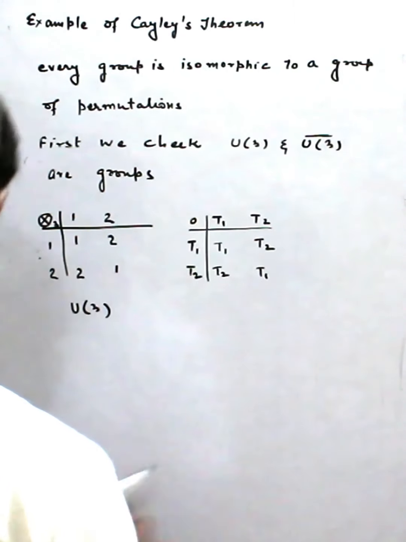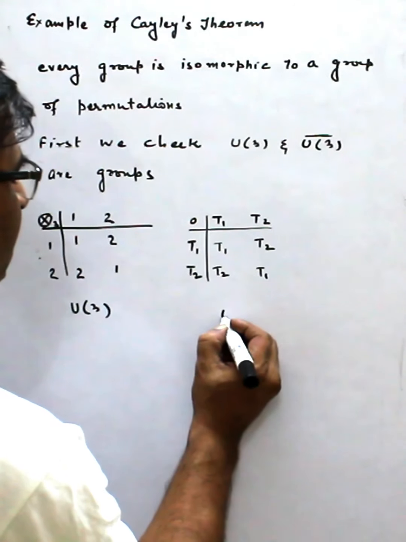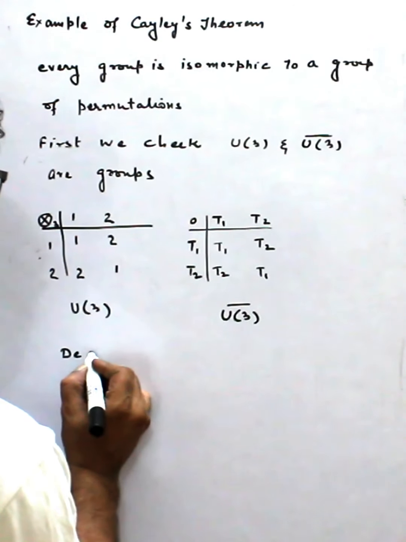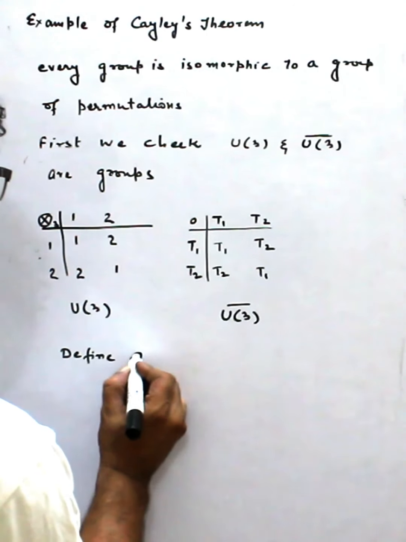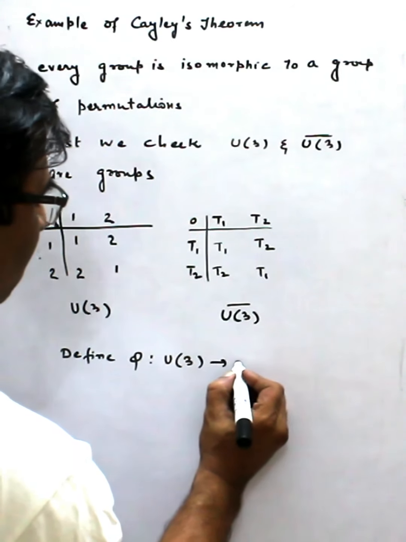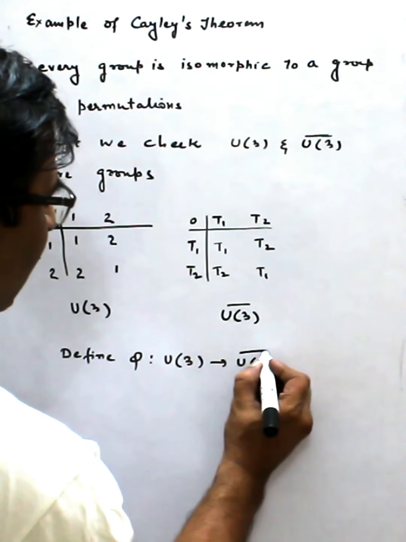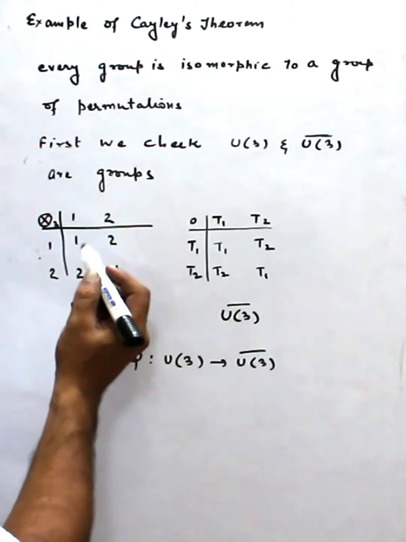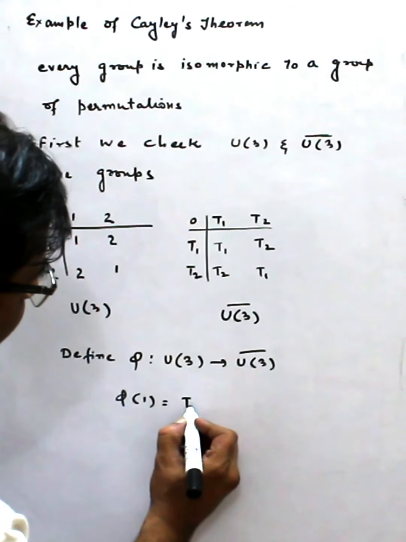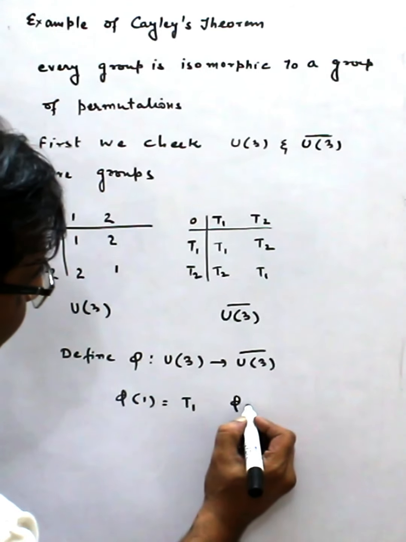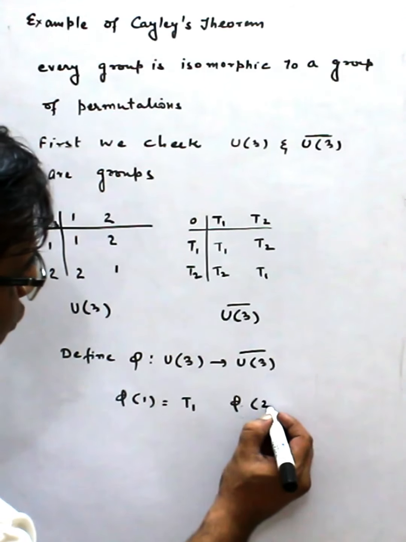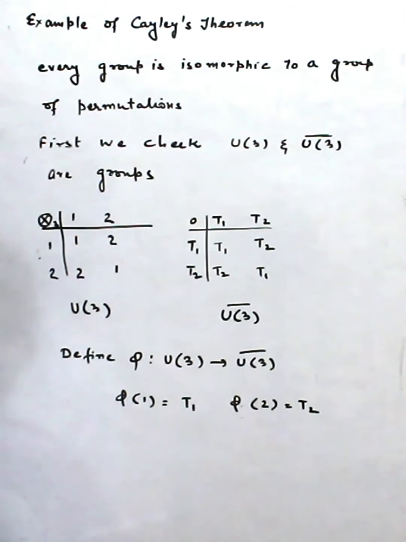Now we can simply define a homomorphism from U3 to U3 bar, and I can take phi(1) equal to T1 and phi(2) equal to T2.